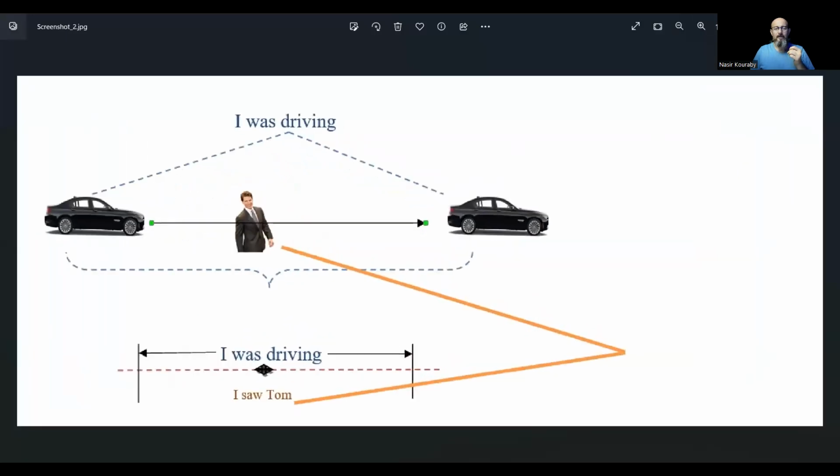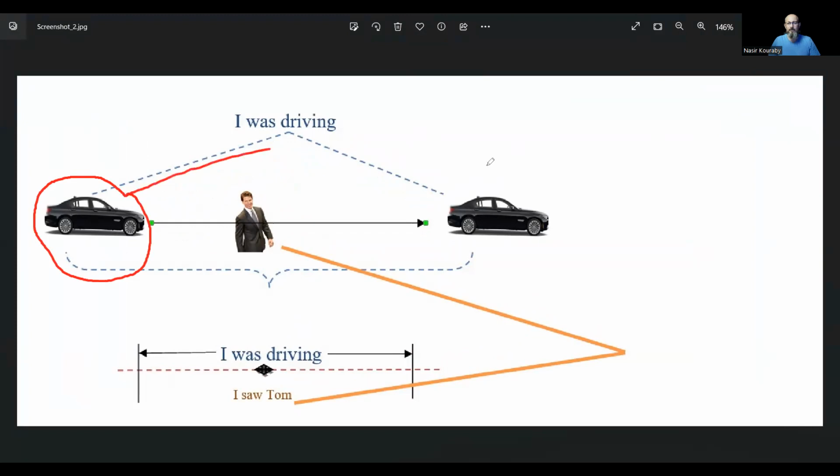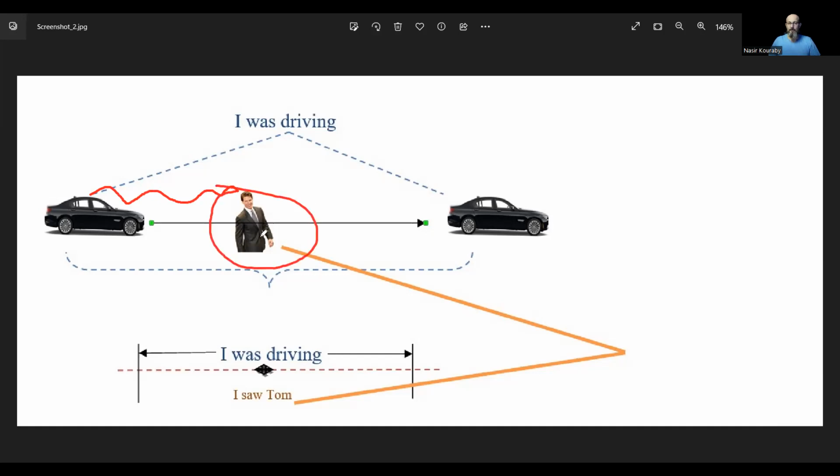So this is an example about the same. I drove, for example, I am here in Istanbul and I was going to Ankara from city to city, or from place to place in the same city. So I started driving, then driving, then in the middle, maybe on the street, I met Tom.